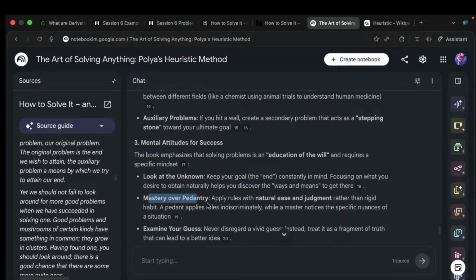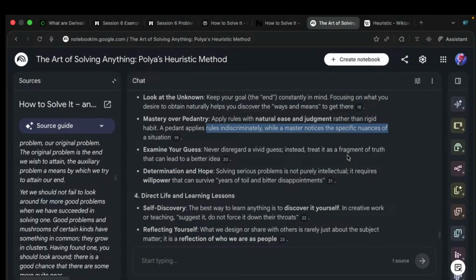A pedant applies rules indiscriminately, while a master notices specific nuances of the situation. Examine your guess. Never disregard a vivid guess, instead treat it as a fragment of truth that can lead to a better idea. Determination and hope. Solving a serious problem is not purely intellectual, it requires willpower that can survive years of toil and bitter disappointments.